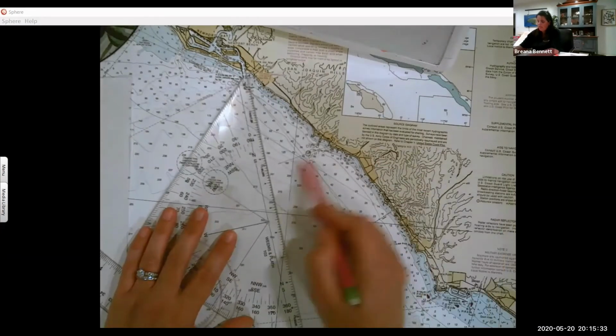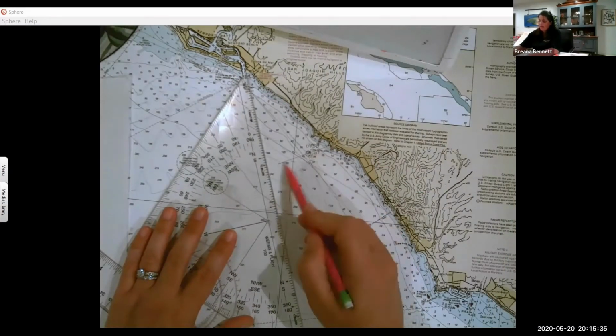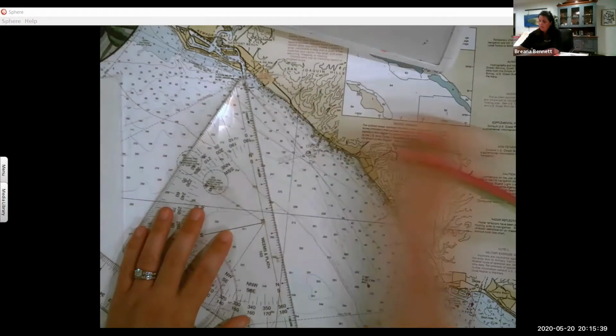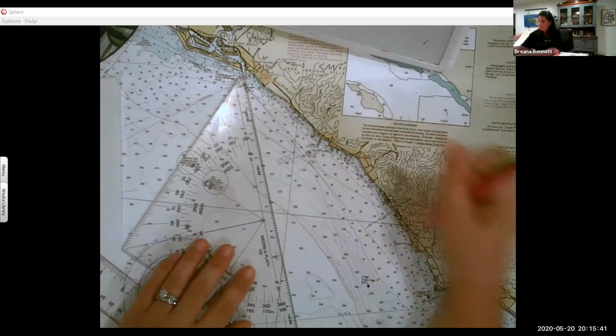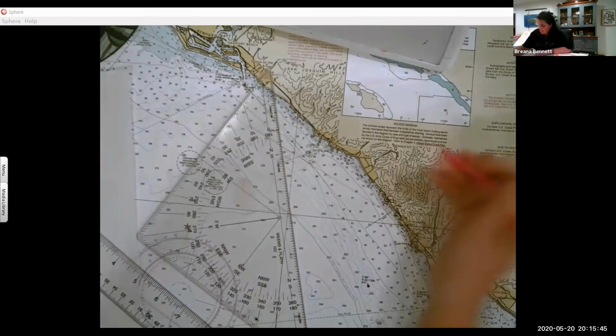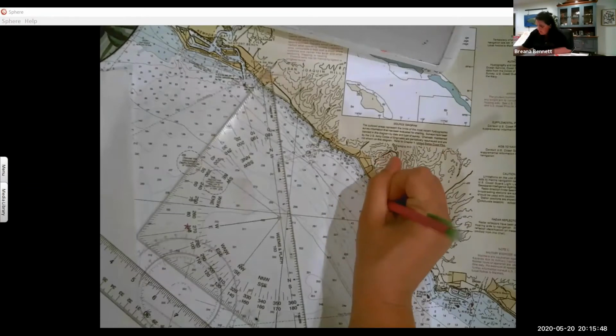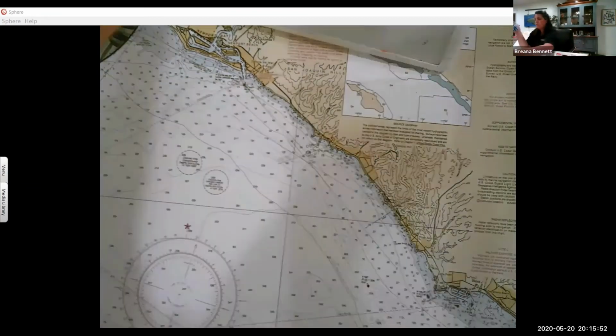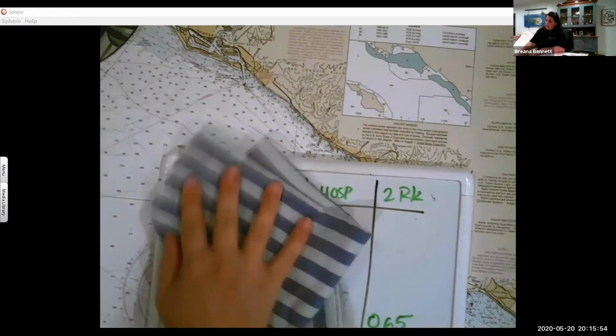Okay, so I have my LOP at 838, and I need to advance it to this LOP at 856. See how far we advance it.